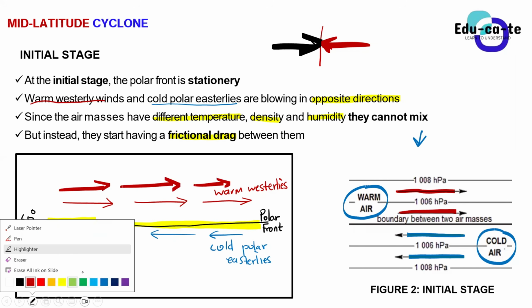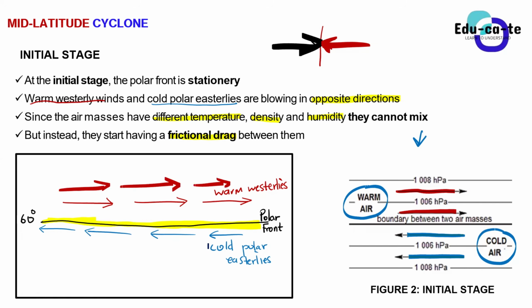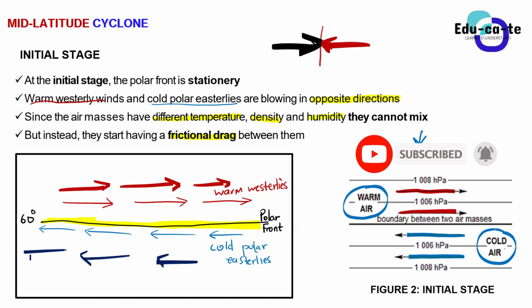And on the other side of this polar front, we have got cold air that is blowing in another direction. So these two, when they are meeting here at the 60 degrees line of latitude, do not have the same temperature, density, or humidity, because they are different air masses, so they cannot mix. What's most important here is what I have highlighted here in bold.